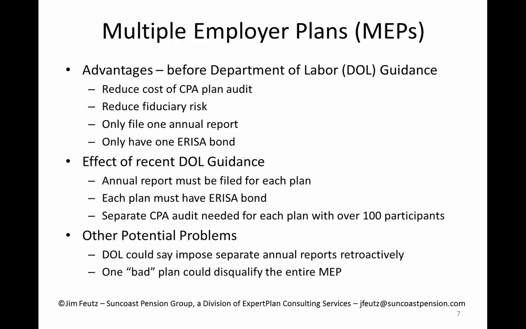Now, I don't think the IRS would actually do that. I think they would be somewhat lenient, but there's no guarantee of that. However, as we'll talk about in a few minutes, one of the proposals would help solve this potential problem.